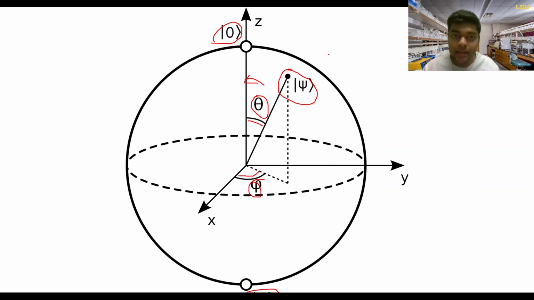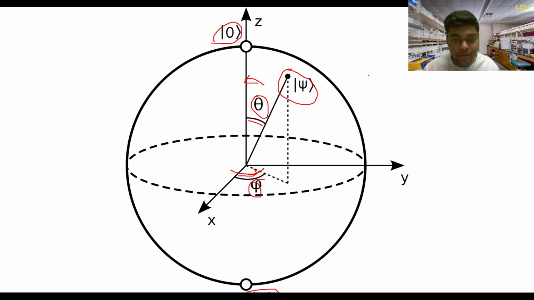And one more thing that you can also do is manipulate this phase, this angle. These are the two things.